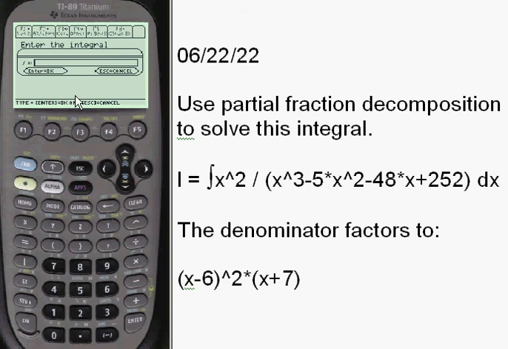When you buy my programs and put them in the calculator, you're going to press second alpha, and then you put x, and the caret here for squares, and then 2, division sign, etc. Make sure you use the parentheses in the denominator. That's important.